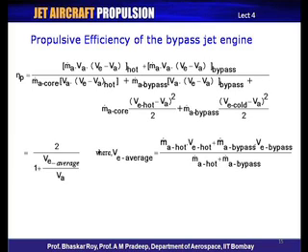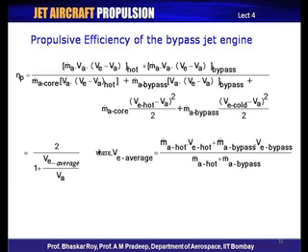the overall propulsive efficiency of such a bypass engine can be written down in terms of the hot thrust that is created, the cold thrust that is created by the bypass, and then of course, these two components put together plus the waste energy that is going out, which again has two components, the hot waste energy and the cold waste energy.